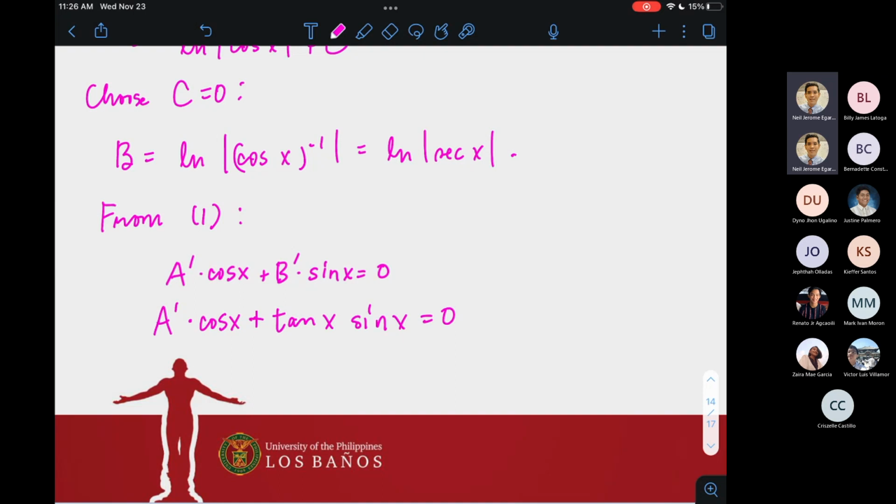So I'll have sine squared. So essentially, I'll have A prime cosine X equals negative tangent X sine X.